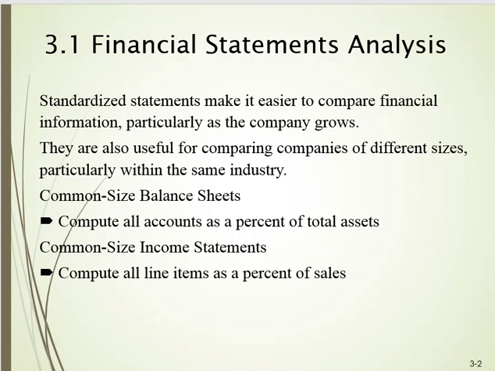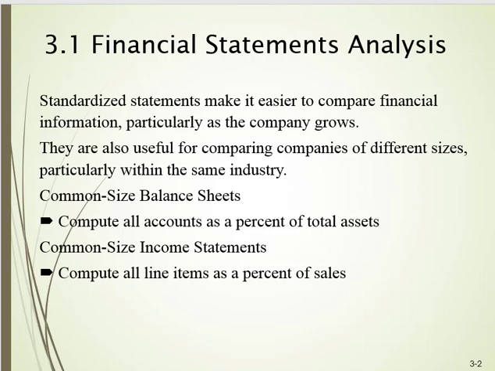Essentially, these statements convert line items on a financial statement into percentages so that we can make some comparison to the history of the company. We also can make some comparison to line items for our competitors to see where we line up with some of our better competitors.